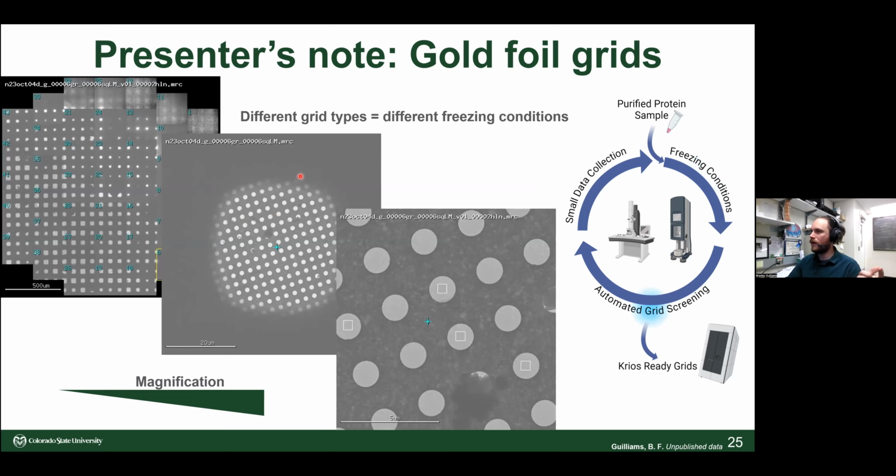Our presenter notes here, on day 3, we tried gold foil grids as a curiosity, to see what would happen. And at this point, I already had conditions that I felt good about for carbon film grids, which of course don't translate to gold foil, which makes sense, right?